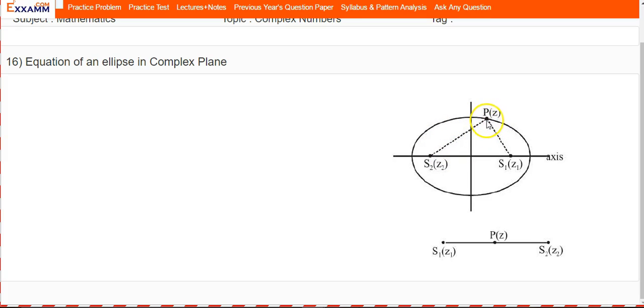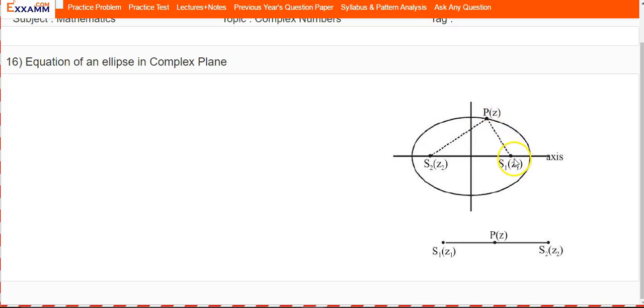Now we know that the definition of an ellipse is that it is the locus of a point which moves in such a way that the sum of its distances from 2 points is constant. These 2 points are called foci S1 and S2, whose coordinates are given as Z1 and Z2, and P moves in such a way that PS1 plus PS2 is equal to a constant.